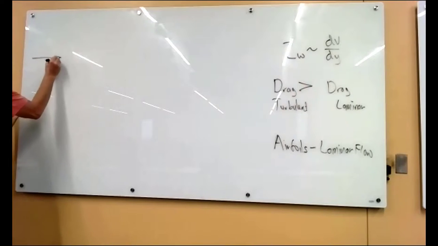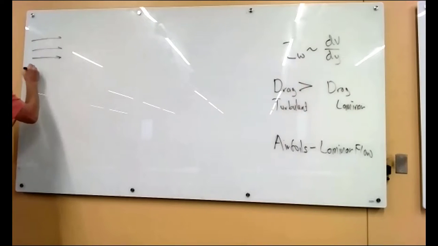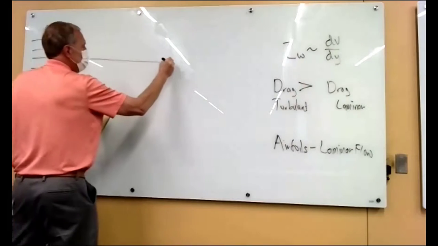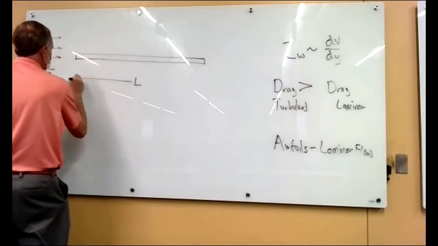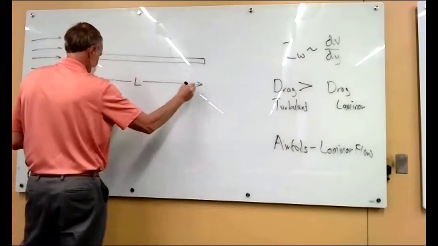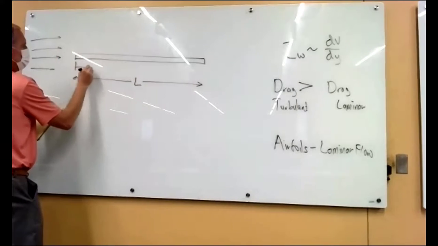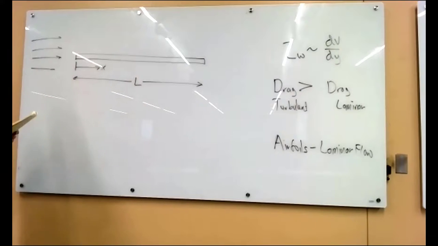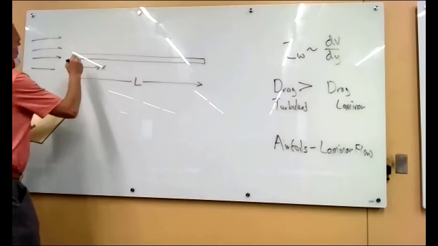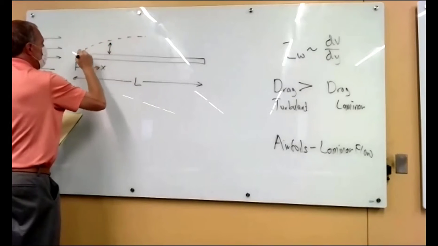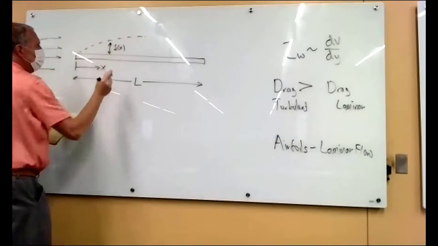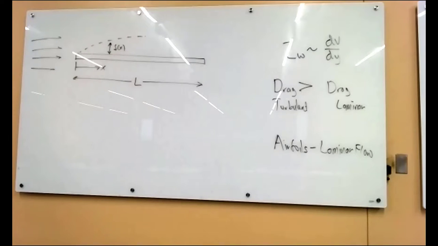So here's our flow. Here's our flat plate. It's going to have a total length of L. And we measure distance down the plate versus x. And the boundary layer thickness increases or changes as you go down the x direction.